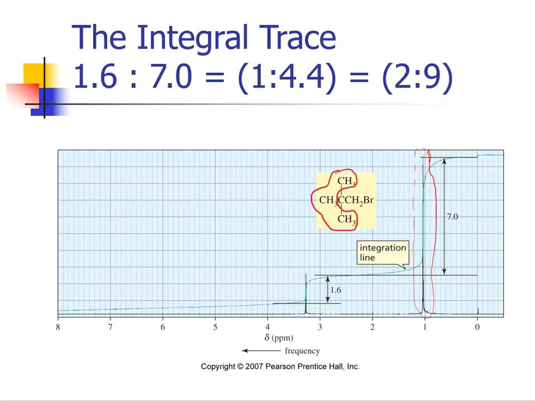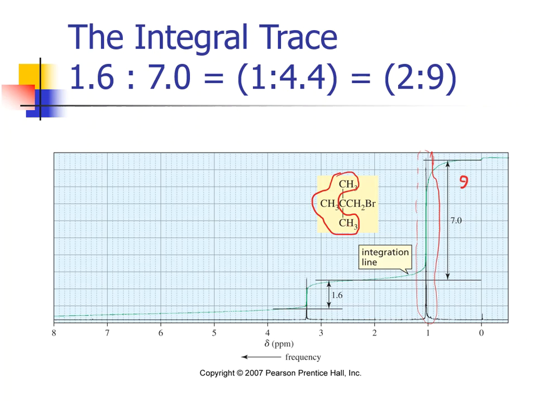What's 3 plus 3 plus 3? I hope that you would say 9. And we just worked that out with our little bit of math. The next signal is coming from the one that is the least shielded, the one that's the most positive, the one that aligns up strongest with the magnet, the one that requires more energy in order to flip because of that. And that is, ding dong, that one closest to the bromine.